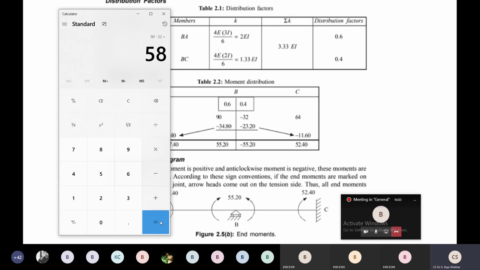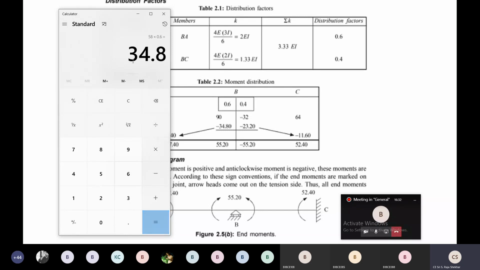We have to distribute that unbalanced moment to the member BA and the member BC. 58 multiplied by 0.6, the distribution factor for member BA, gives 34.8, which we distribute to member BA.